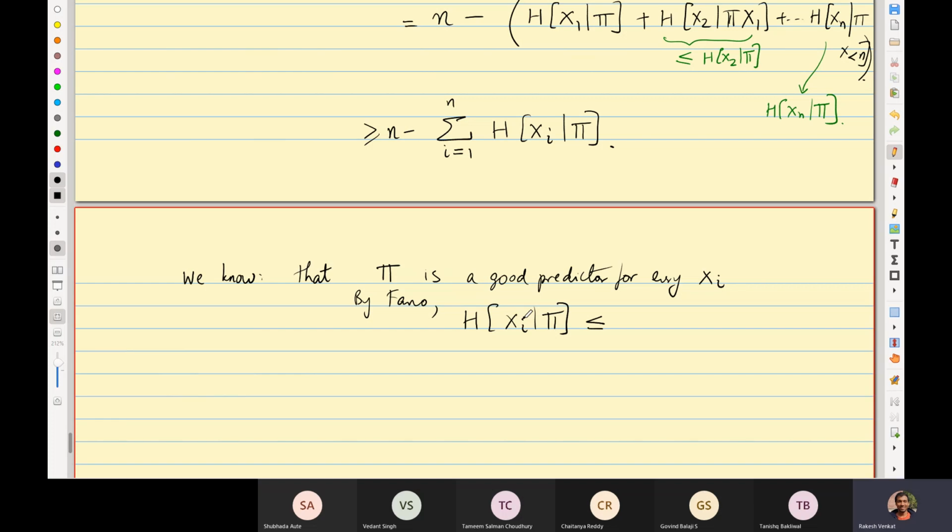There's a catch in this, which I'll come to in a moment, but intuitively, H of Xi given pi should be less than or equal to H of delta. And therefore the inequality here leads to H of delta. Sorry, this is half minus delta. That was the error.